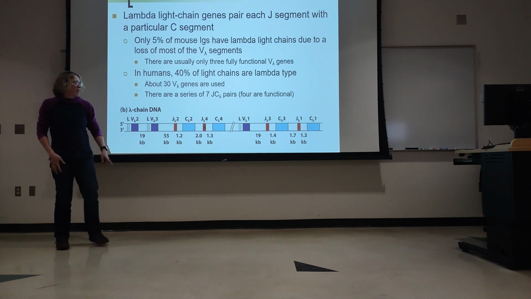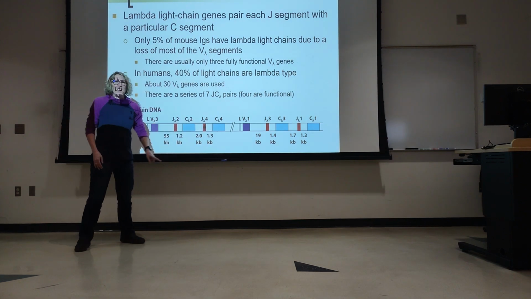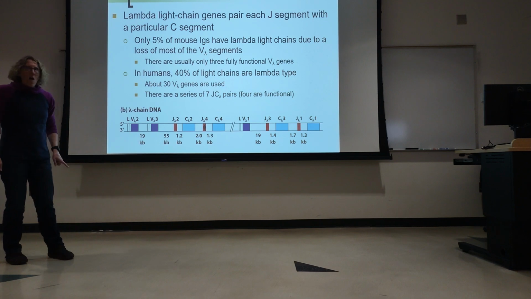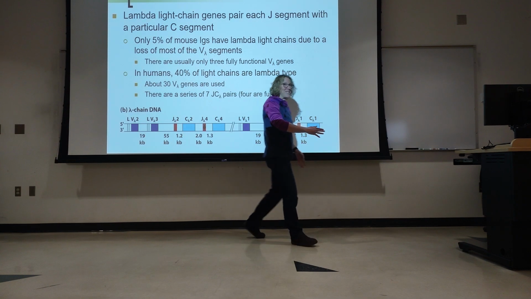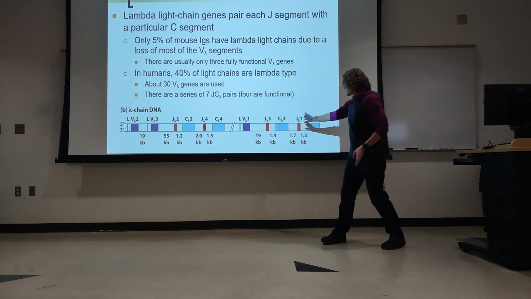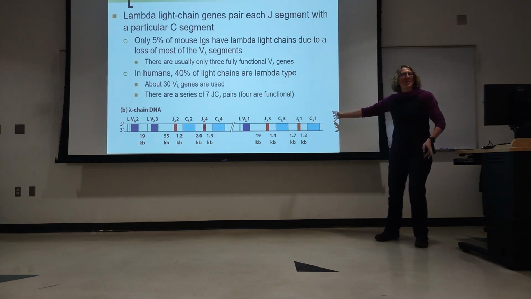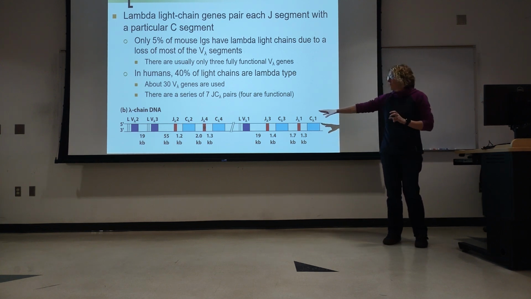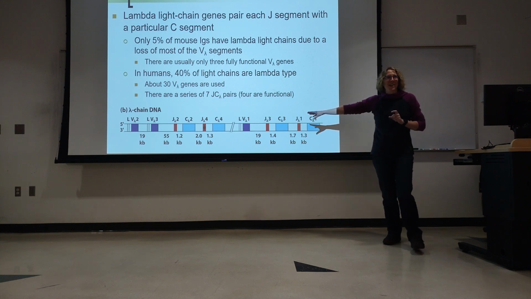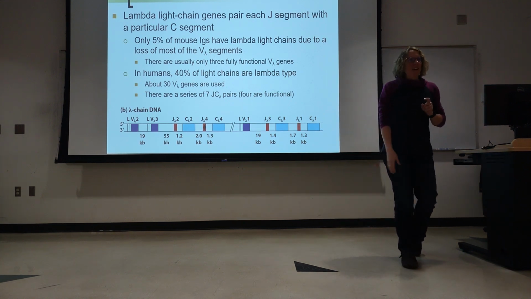Then, weirdly enough, there's another joining region and a constant region. Then, downstream, there's some other variable regions, and then some other joining and constant regions. So it's not laid out linearly, orderly. Choices are made differently. The deck is shuffled differently in the lambda chain than it is in the kappa chain.